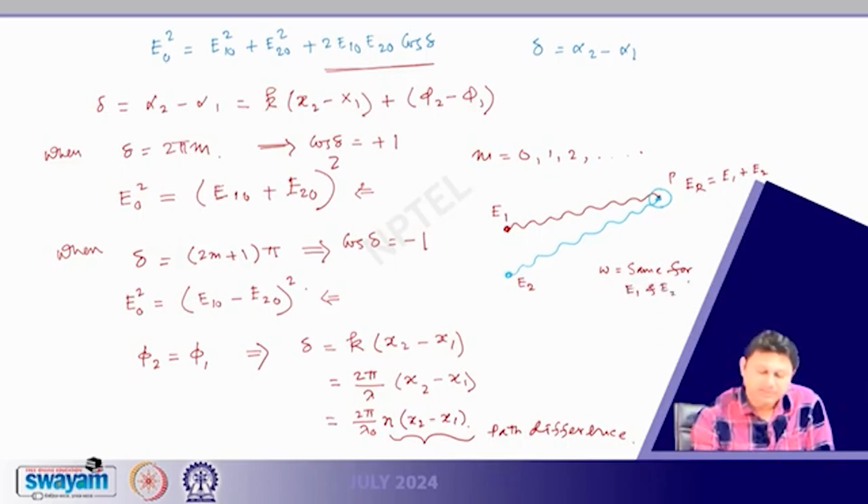Interference is solely coming through the relative phase between these two, phi 2 minus phi 1, or the path difference that creates a relative phase. We already considered that there is no initial phase difference between these two, only the phase difference coming through the path difference, and we get the interference pattern there. This interference pattern essentially gives you either a wave with more amplitude from the combination of the two waves, or sometimes less.